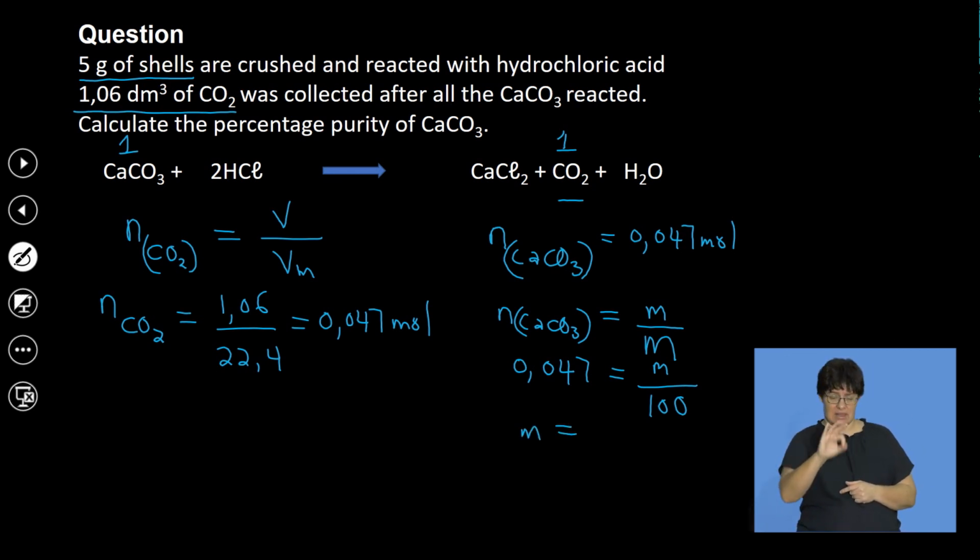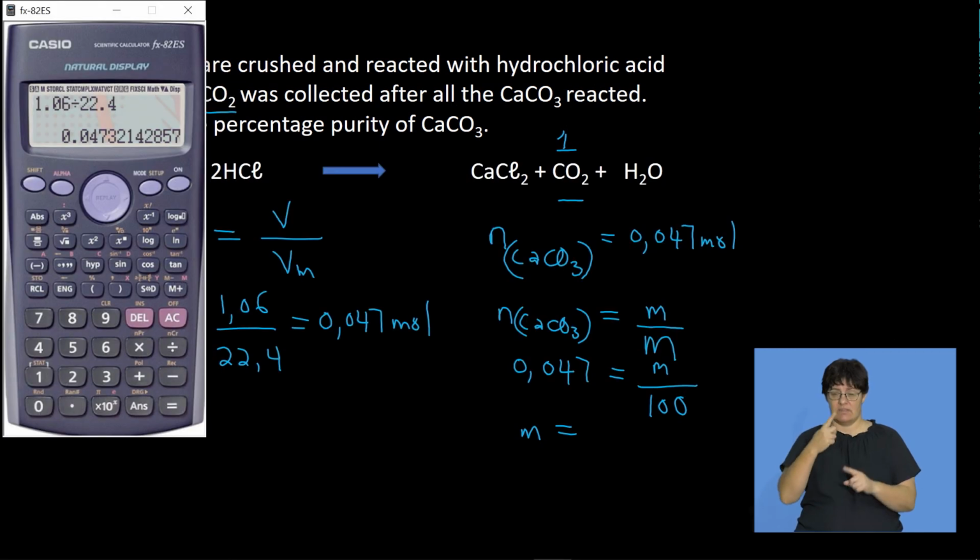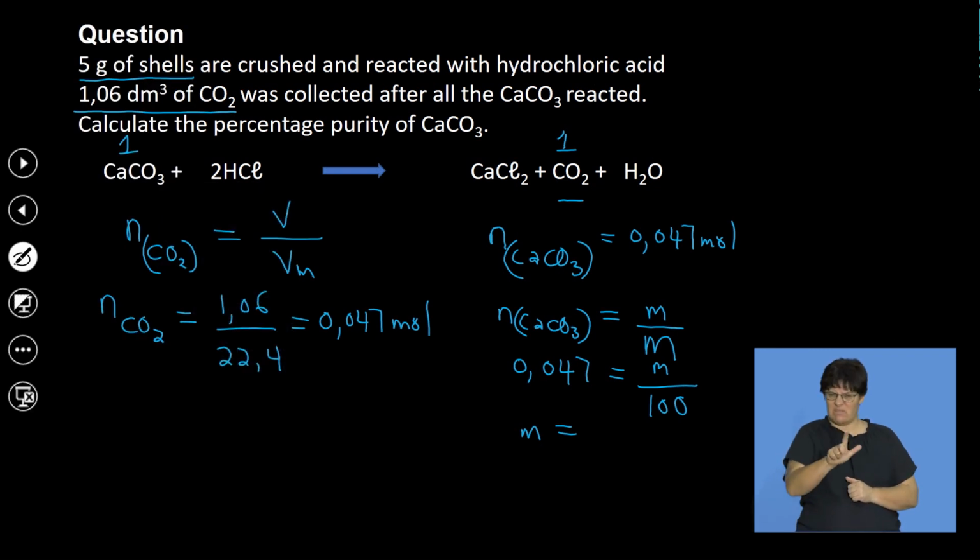So we'll go back and actually do that calculation on our calculator. What do we have? We're going to have 0.047 multiplied by 100. If we multiply that by 100, we get 4.7. Now, what is this 4.7 grams?